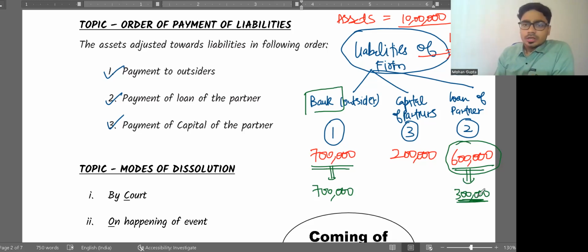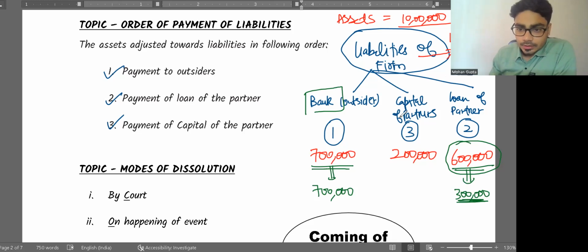So the loss that the firm is unable to pay, that is 5 lakh, may be taken from the partners only in case they have personal assets. If they don't have personal assets worth rupees 5 lakh, that will become a loss for anyone.